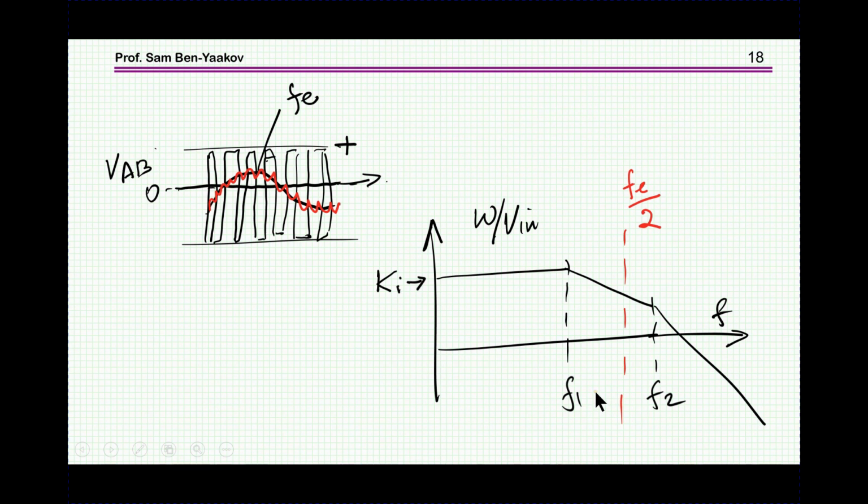So frequencies above half this modulation frequency are meaningless. This is something to bear in mind: you cannot handle frequencies beyond half the sampling, or in this case the switching frequency. In fact, you do have to put some analog filters in order to cut out all the frequencies above this, in order not to get folding or aliasing signals.